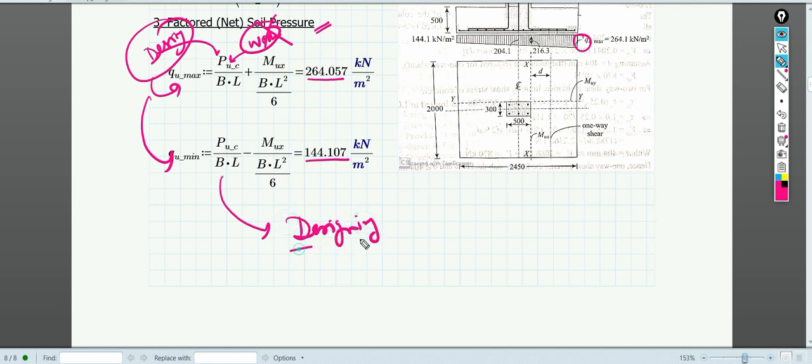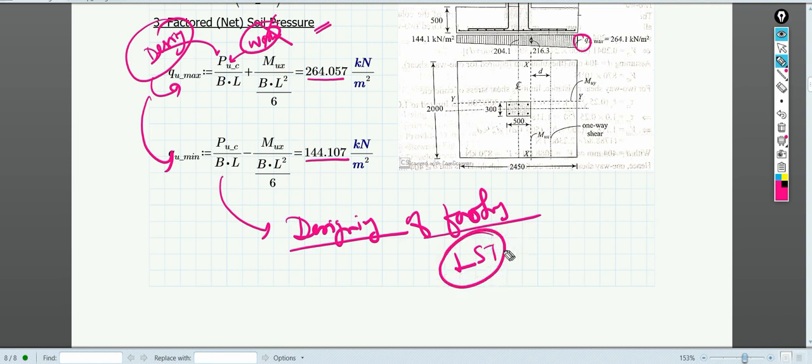This will be used for the designing of the footing. As far as the limit state theory is concerned, we have to take the design load, right? So the working load is only taken for what?